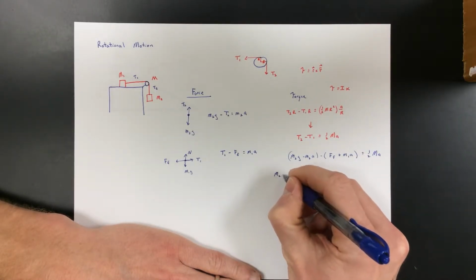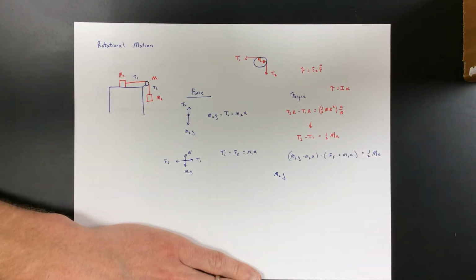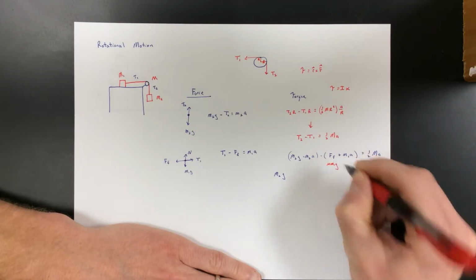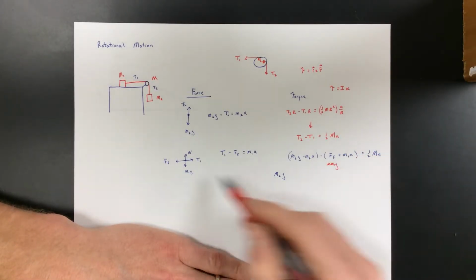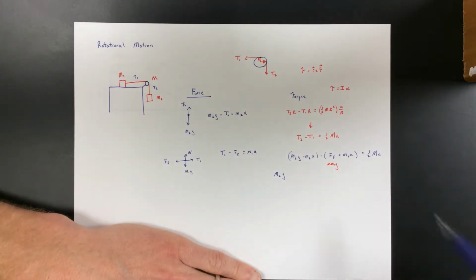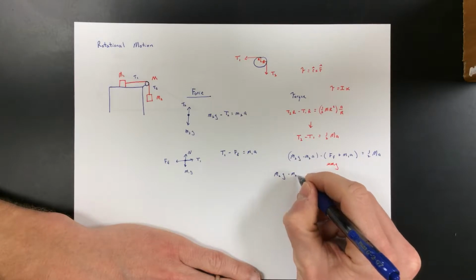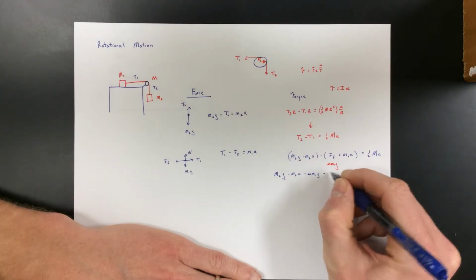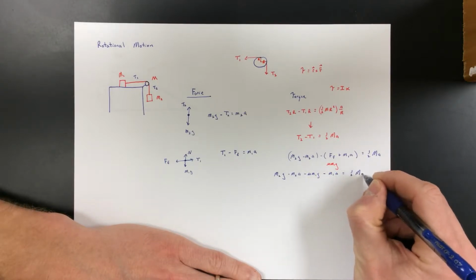So this is M2G, and you know what, let's replace this force of friction. This force of friction we know is mu M1G, and we get that from looking at over here. We know the force of friction is mu times N, but N has to be M1G. So we get minus M2A minus mu M1G minus M1A equals 1/2 MA.